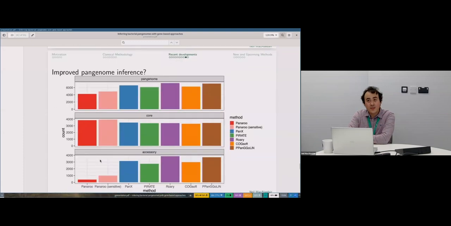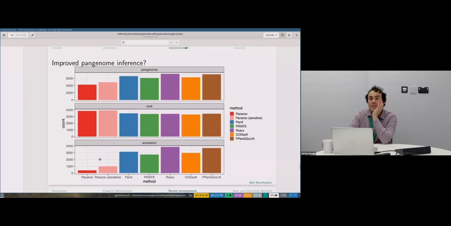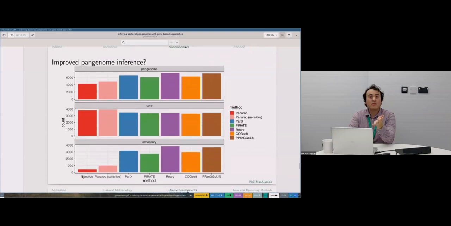It's still not perfect. So if we go back to that example of the TB outbreak in London, Panaroo still reports a small accessory genome. Most of these accessory genes are due to the fact that not every isolate is sequenced perfectly. So there will be genes that are simply missing from the sequence data.